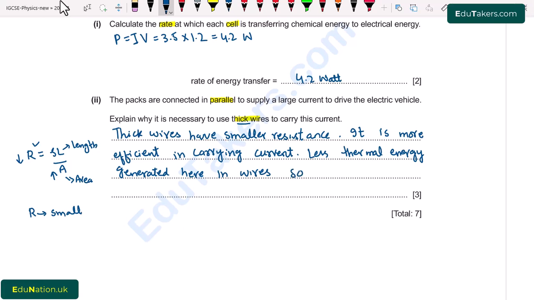So there will be less risk of fire or insulation melting.